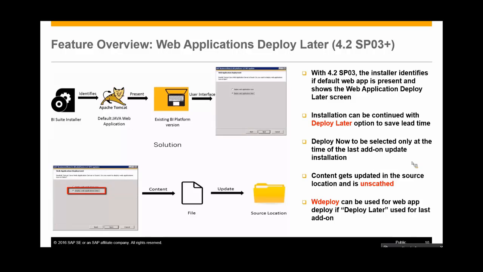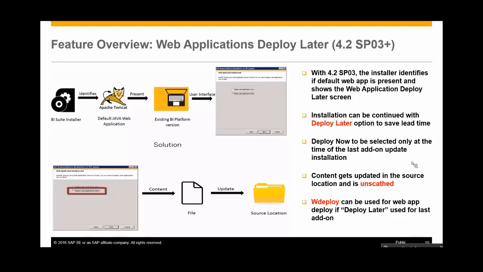This is where you get the Web Applications deployment window, where you are asked to deploy web applications now or later. You can choose to deploy web applications later, since you have an Explorer add-on after this. At this stage, only the content gets updated in the installation folders, and default Tomcat is not deployed.